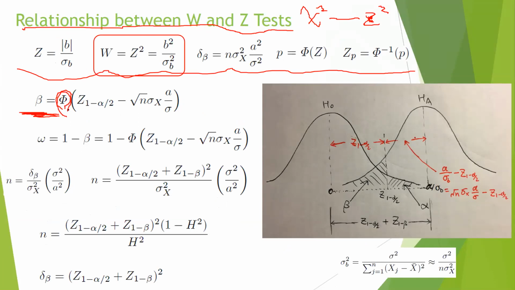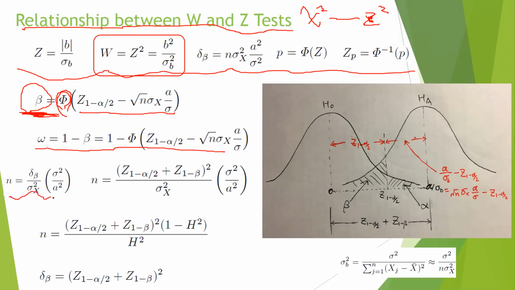So here we can use the cumulative normal density function to help us calculate this type 2 error in the chi-square distribution. And the power is the same, 1 minus beta.